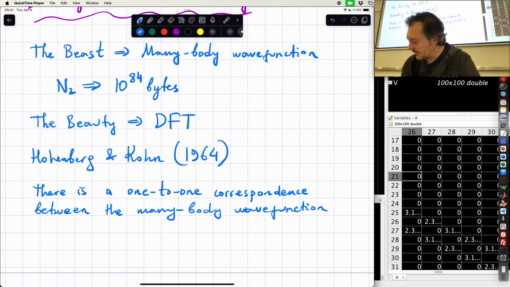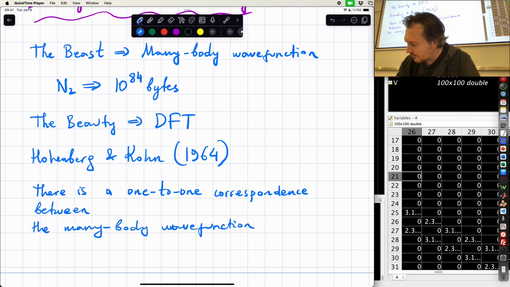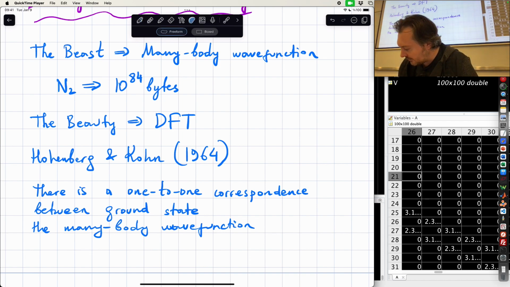I should really say the ground state many body wave function. Sorry.